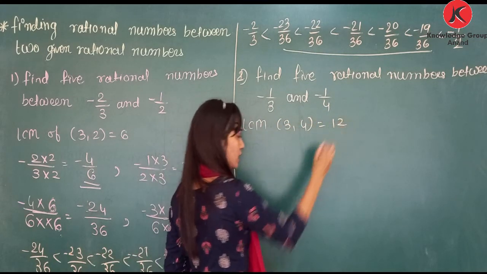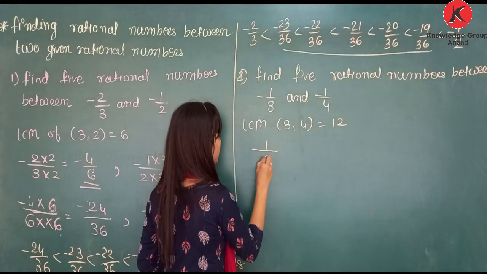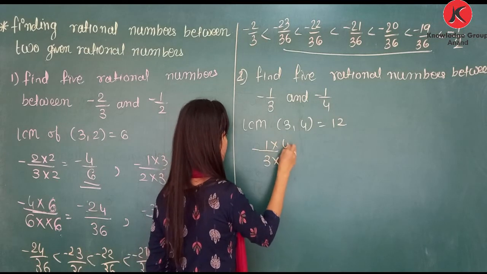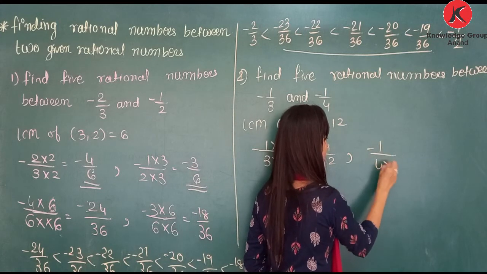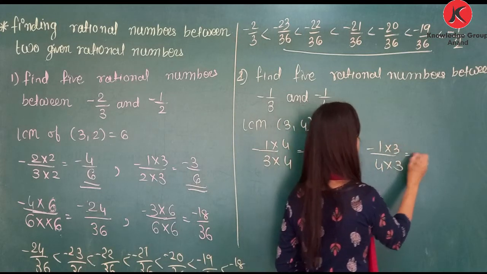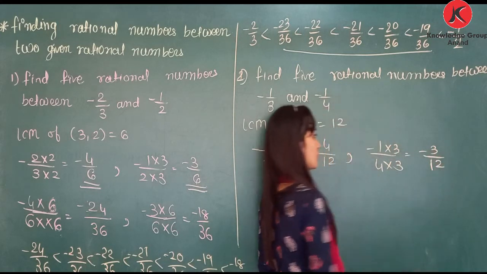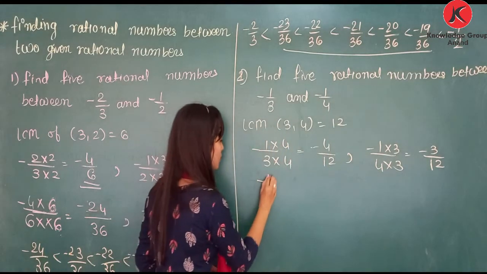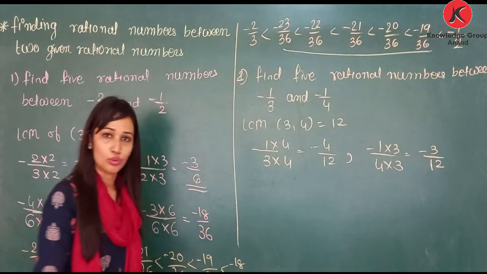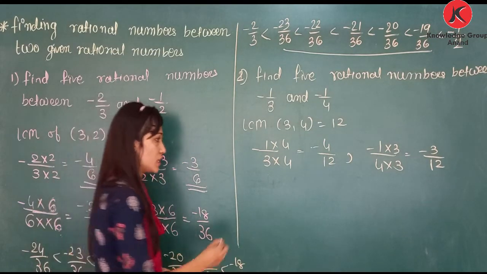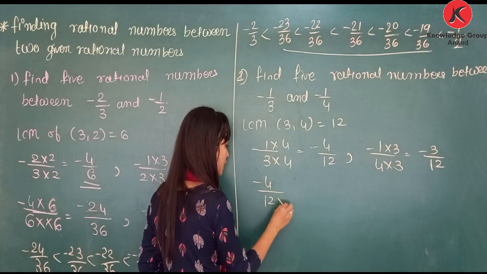That is 12. This is multiplied by 4, minus 4 by 12. This is multiplied by 3. So here, how many numbers are there between minus 3 and minus 4? No number. Again multiply with another number in the numerator and denominator.